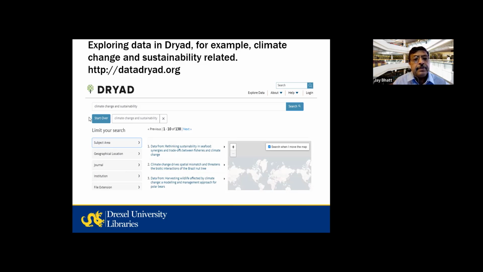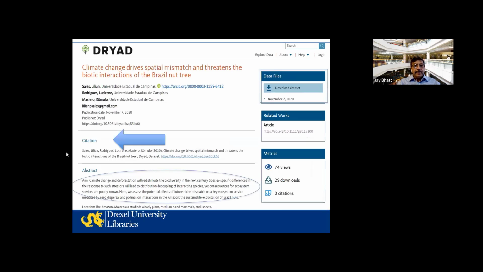Here is one example I used for climate change and sustainability. You will see some examples of data sets here, and you can select any of your interest, and you will find a data set like climate change drives spatial mismatch and threatens the biotic interactions of the Brazil nut tree. Very specific, but that is what it is all about.